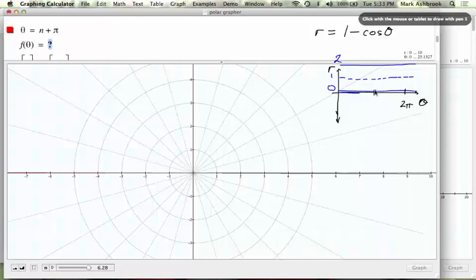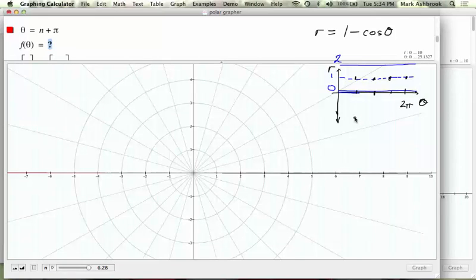Okay, and then we're always going to break up our period into 4 equal parts. So it's going to be pi over 2, pi, 3 pi over 2, and 2 pi.